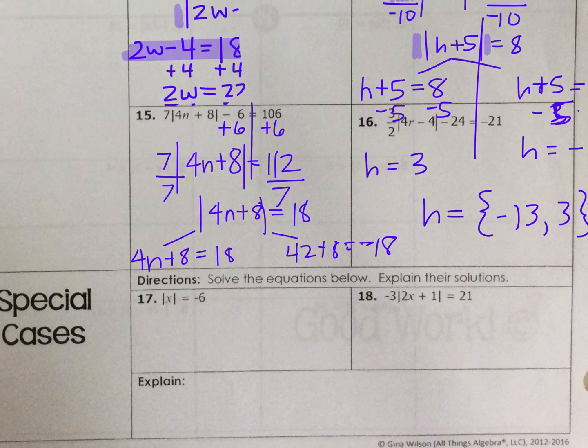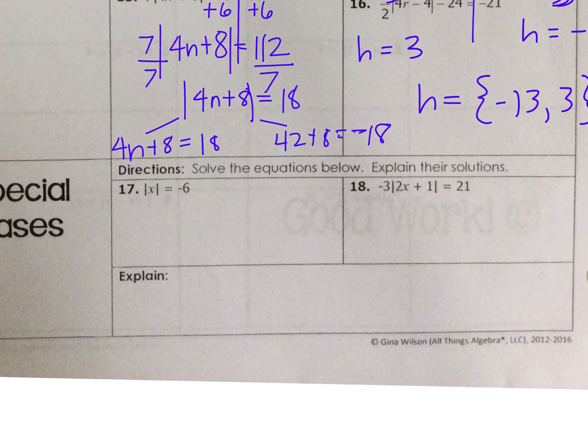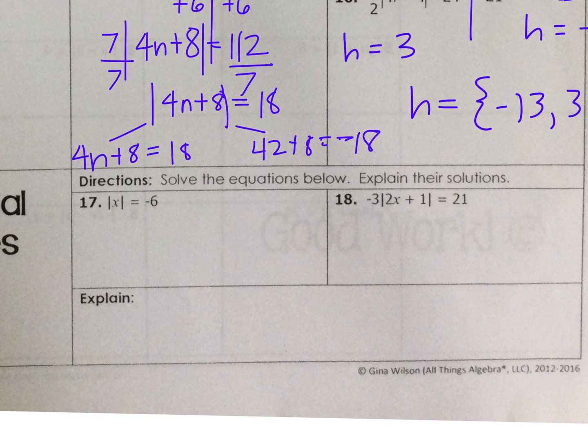Let's talk for just 1 second about special cases. If you are in jail and there are no visitors and it's time to get out of jail, but they know that you are already negative, you are going to make bad choices, they can't let you out of jail. There is no solution if it's already negative. Okay? So let's solve this. I've got this negative 3 I'm going to have to divide because he's a visitor.